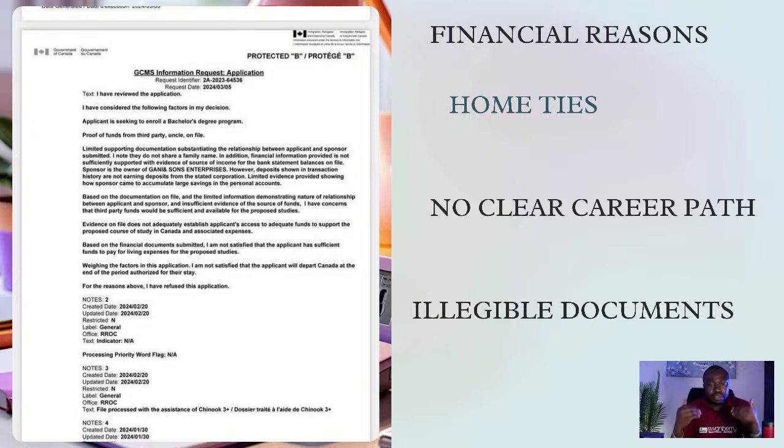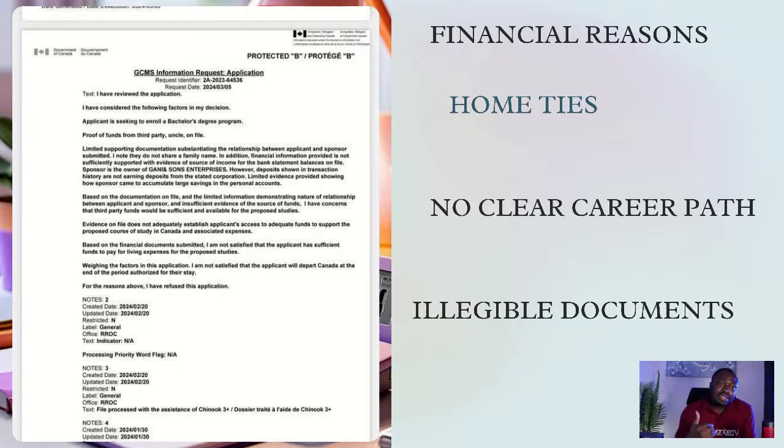So that being said, let's go straight to the point. I know nobody wants to be rejected a visa. It is, in fact, very, very hard when your visa gets rejected.